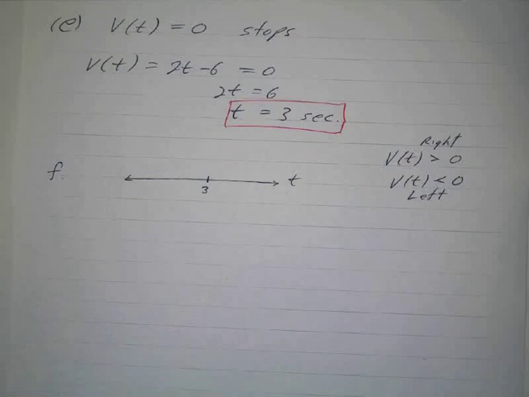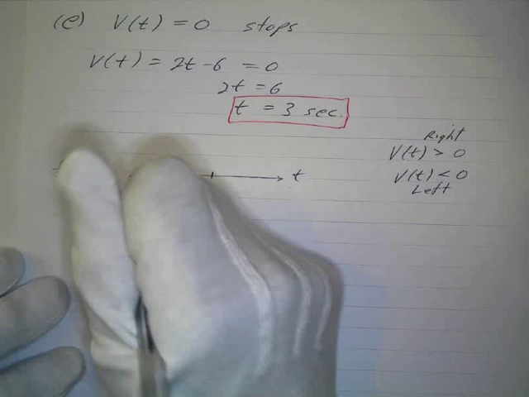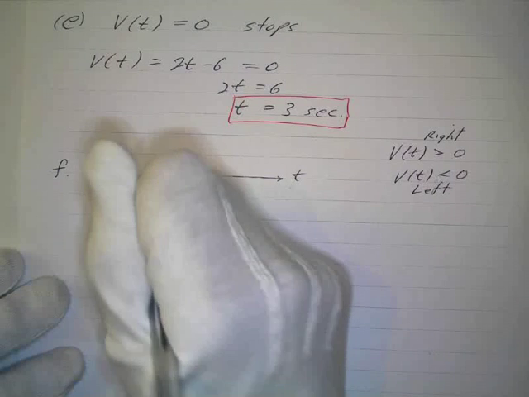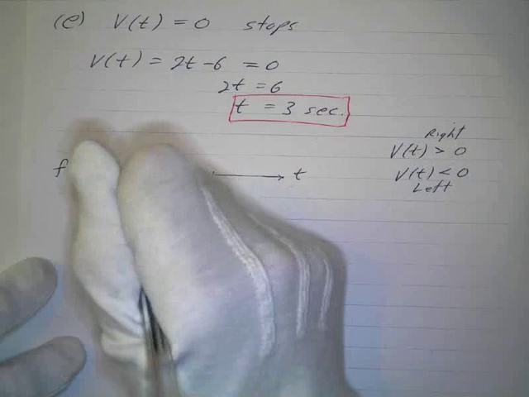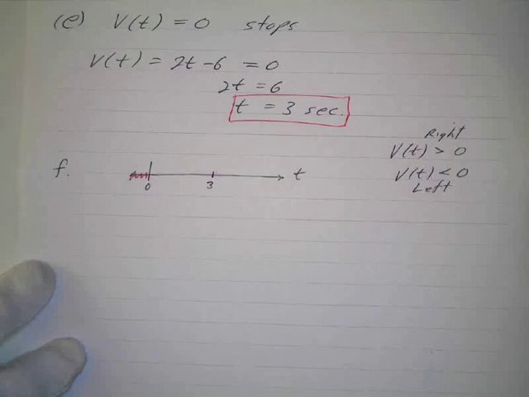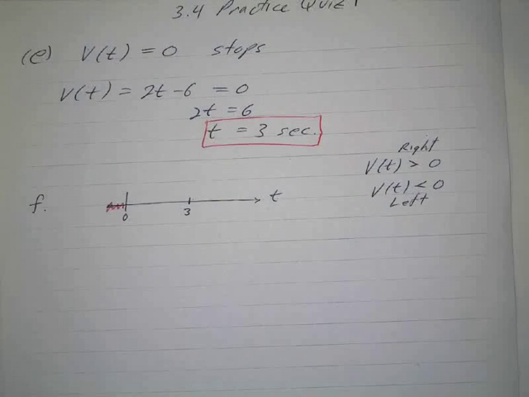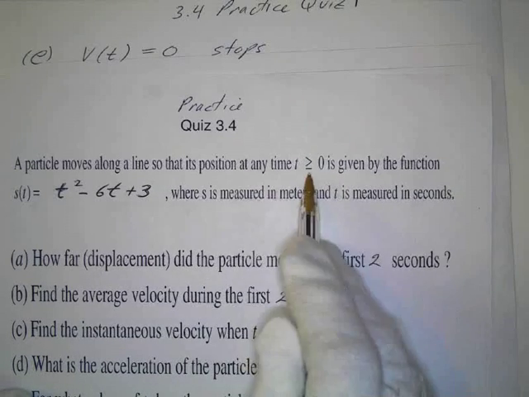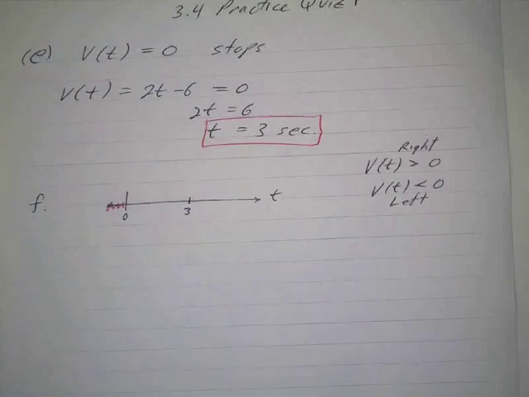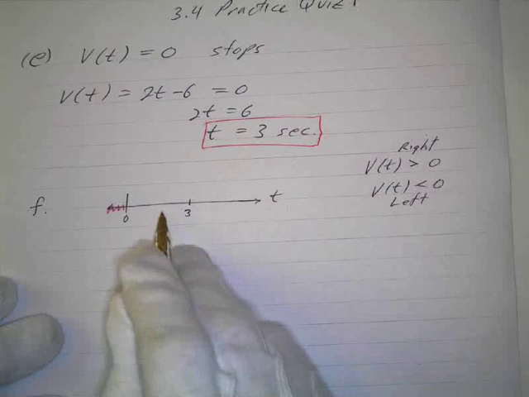Remember, t has got to be greater than or equal to 0, so we're only going to worry about this part here. We don't worry about anything to the left of 0, because when we read the problem carefully, it says t is greater than or equal to 0, so we don't worry about negative time.